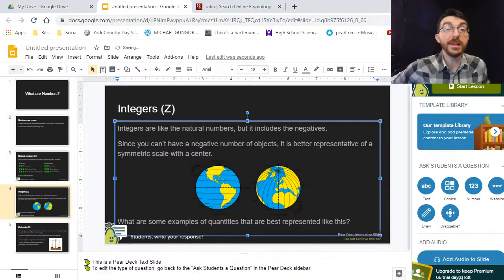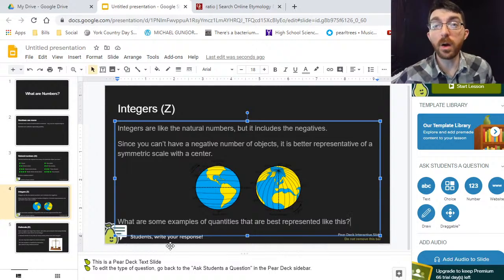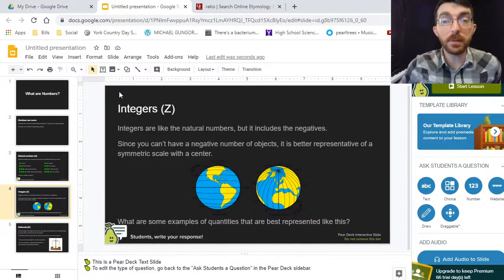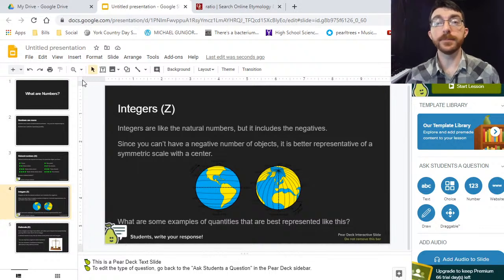Another good example would be electrical charge, because there are only integer charges, right? There is a fundamental unit of charge, and it could go one way or the other. So examples of quantities could be steps to the right, steps to the left, floors above, floors below.